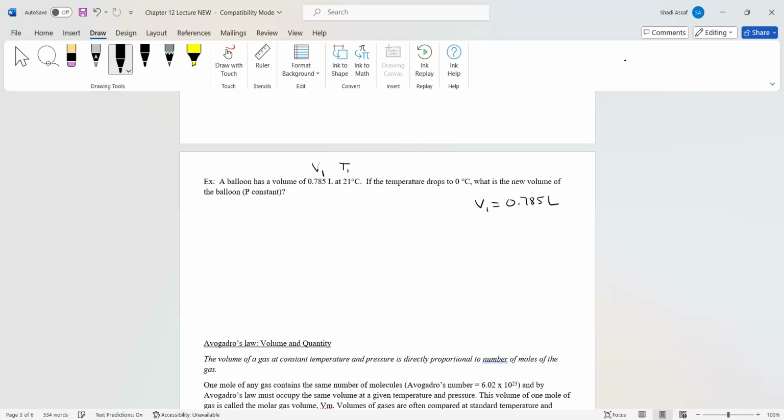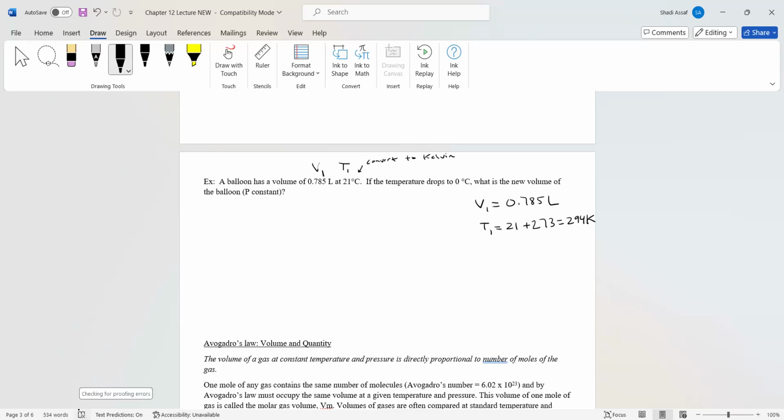So that's T1. Now, before we move on, be aware what we said at the beginning of this lecture that we have to use Kelvin. So you must convert to Kelvin. Can't use temperature using Celsius. So what you have to do is add 273. And that gives you 294 Kelvin.